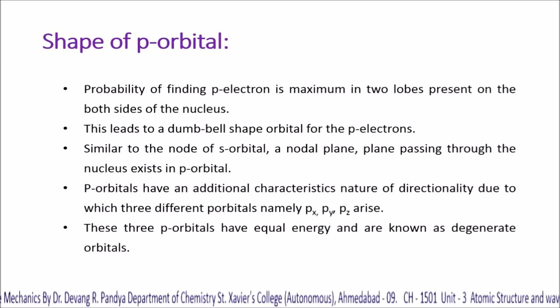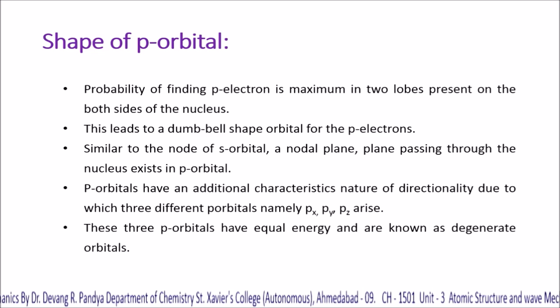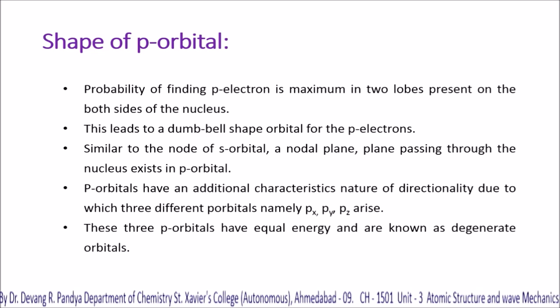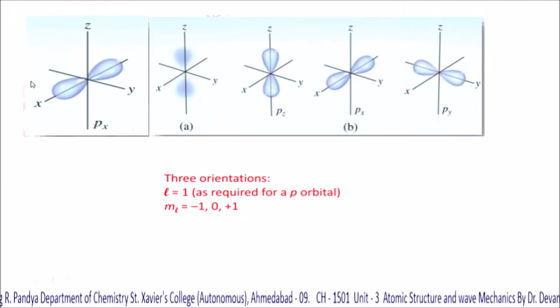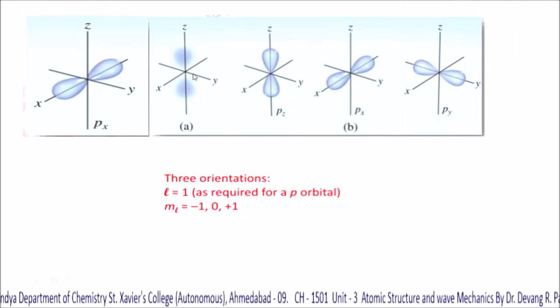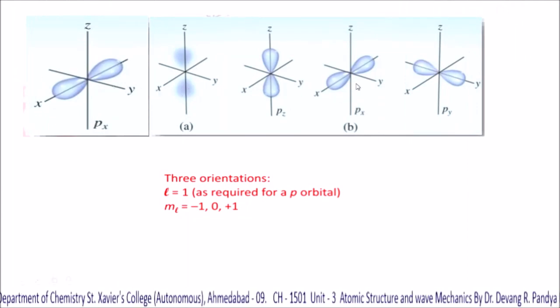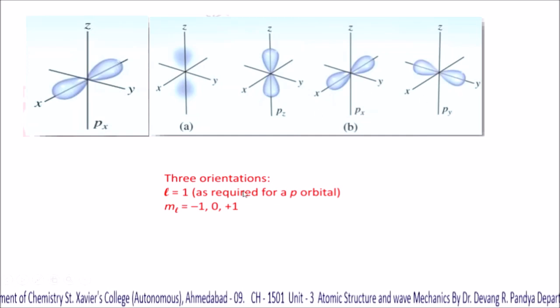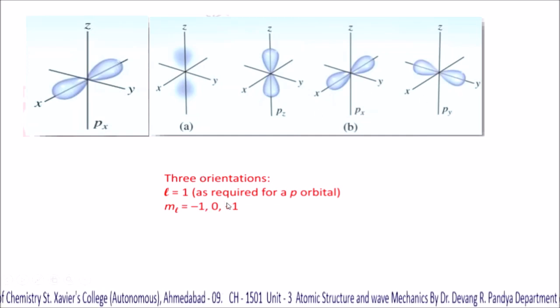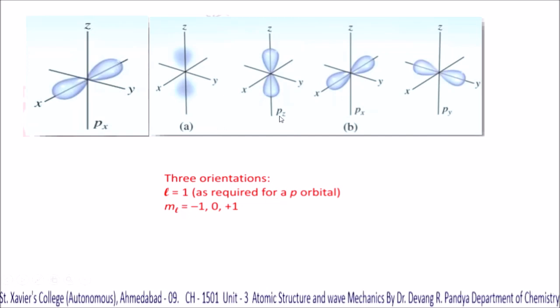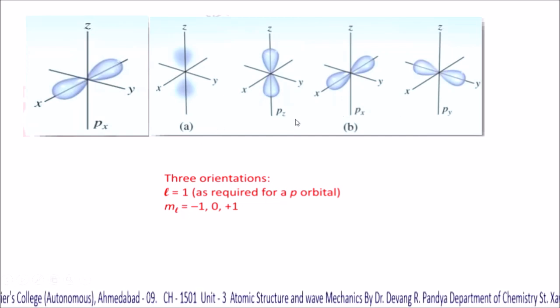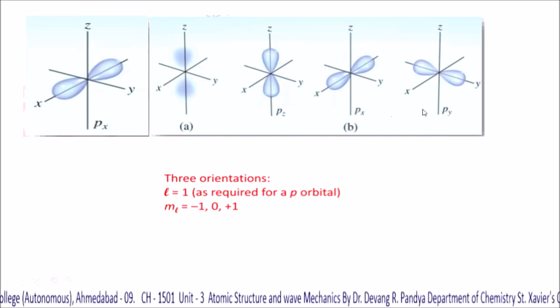These three p orbitals have equal energy and are known as degenerate orbitals. Here you can see px, pz, px and py. Three orientations, l is equal to 1 as required for a p orbital. The m sub l values would be +1, 0 and -1.